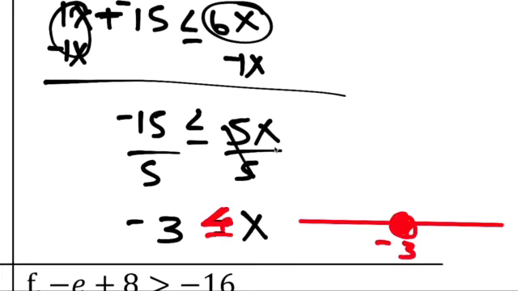Negative 3 is smaller than what type of number? Smaller than negative 2, negative 1, 0, 1, 2, 3, 4, 5, 6. So it's smaller than those type of numbers. There we go, like that.